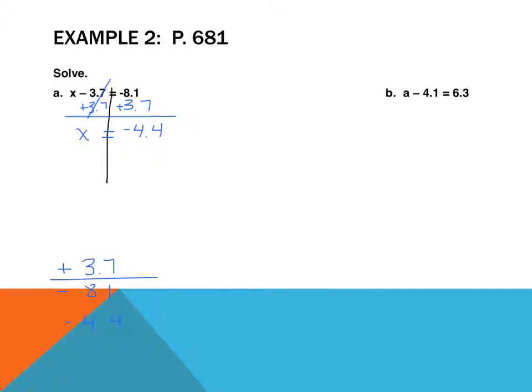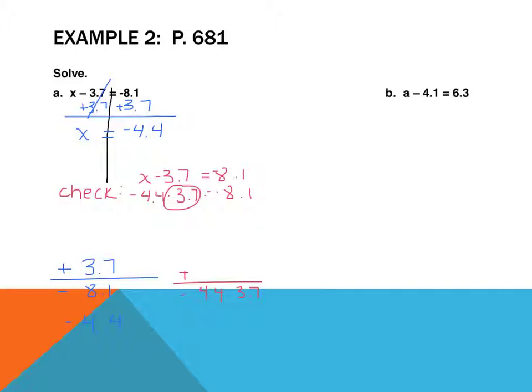Then we will go back and check that solution. So originally I have x minus 3.7 equals negative 8.1. So if I substitute negative 4.4 minus 3.7, negative 4.4, and then a minus 3.7 is also a negative.